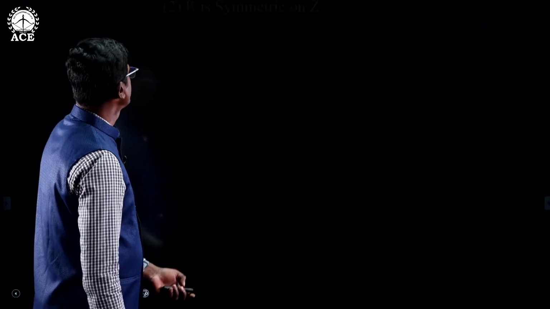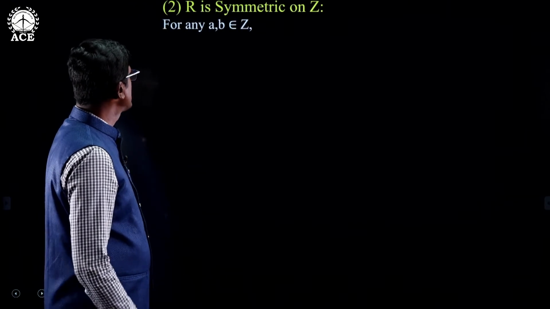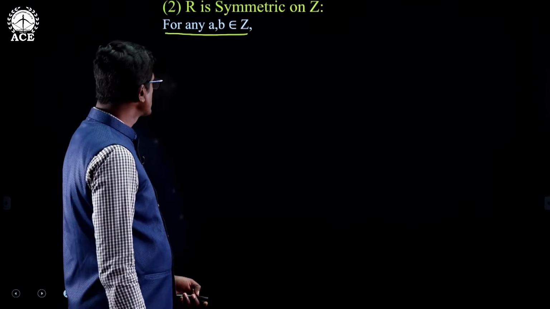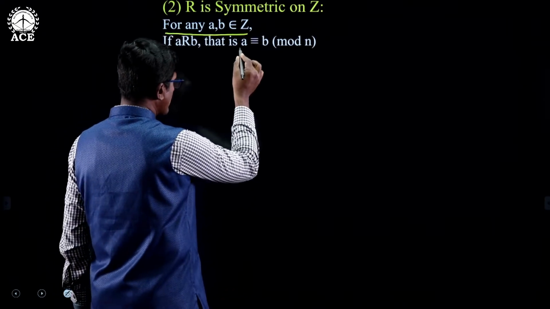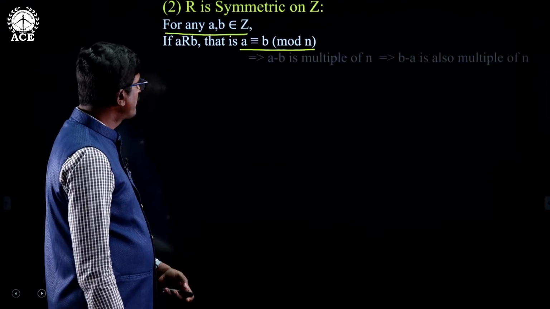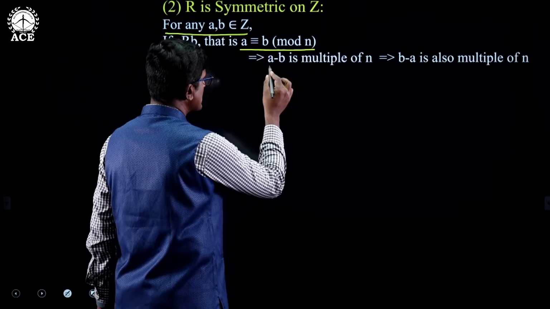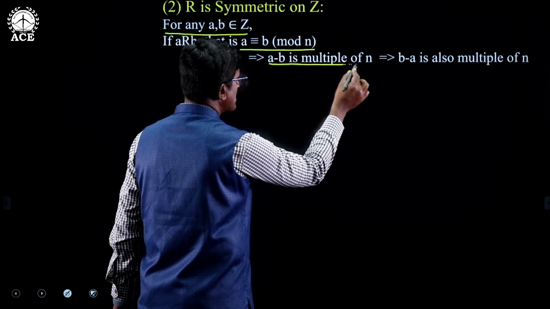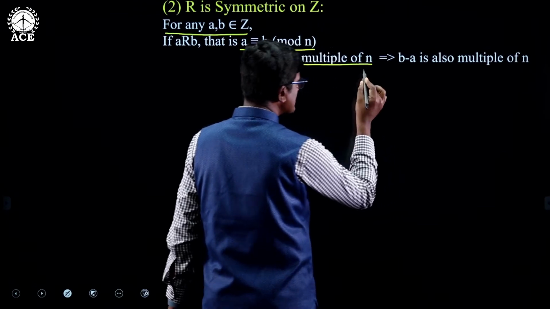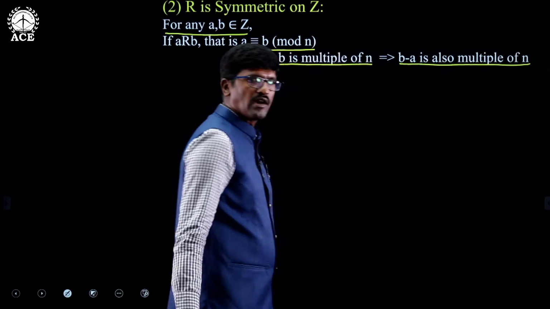Now let's see the second property, the symmetric property. To verify it, I am taking two elements A, B belonging to Z, and if A is congruent to B mod n, I am going to verify whether B is congruent to A or not. A is congruent to B mod n is nothing but A minus B is a multiple of n. If A minus B is a multiple of n, then B minus A is also a multiple of n.